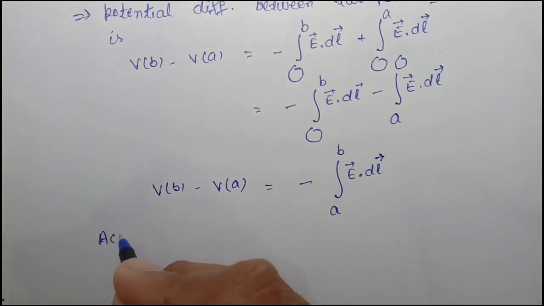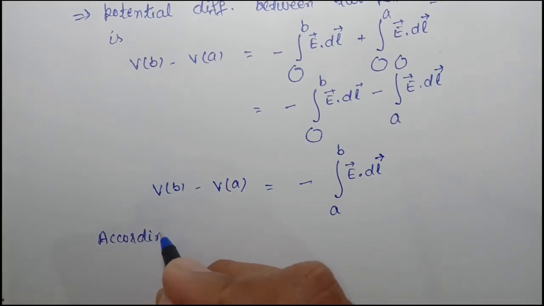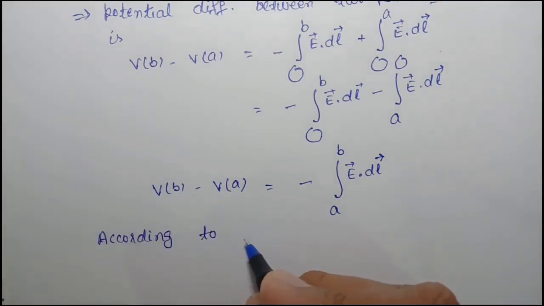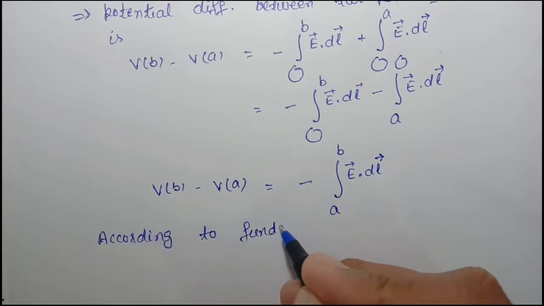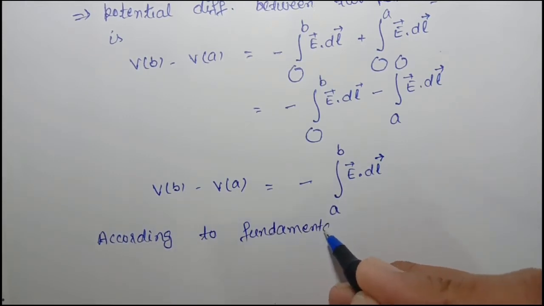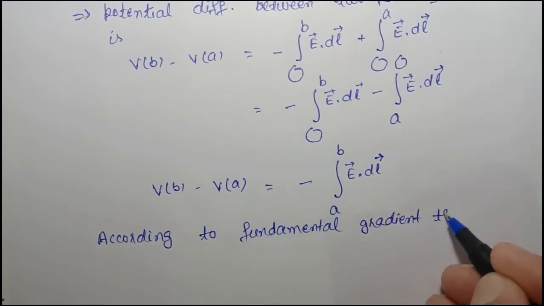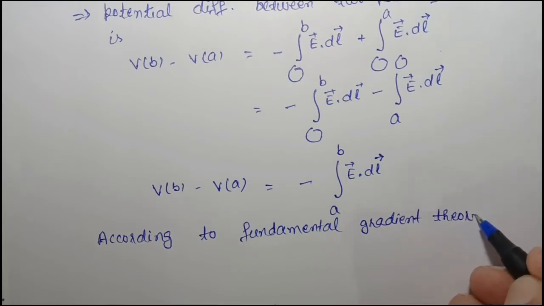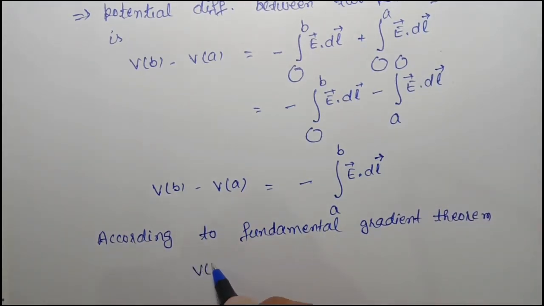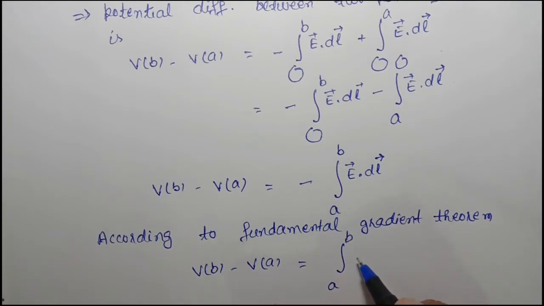Next point here is, according to the fundamental gradient theorem, VB minus VA is equal to the integral from A to B of del V dot dl.